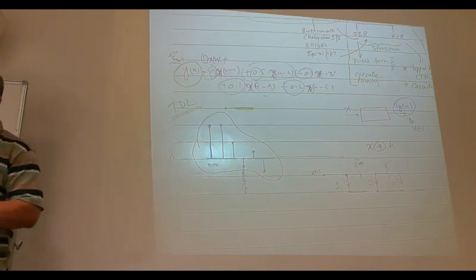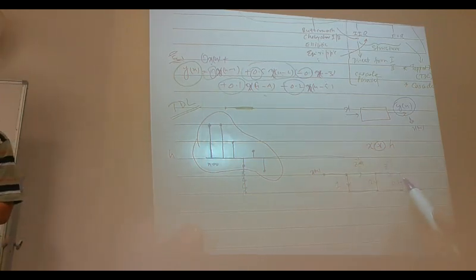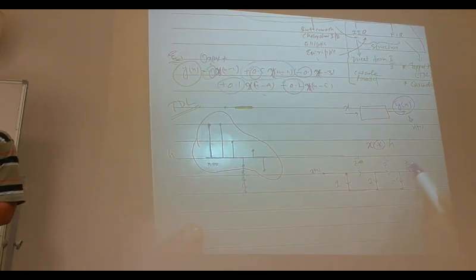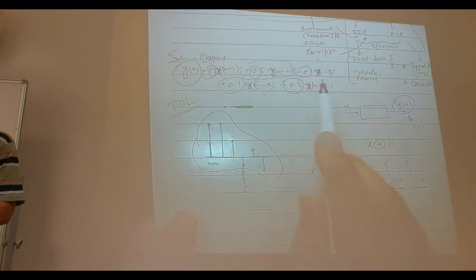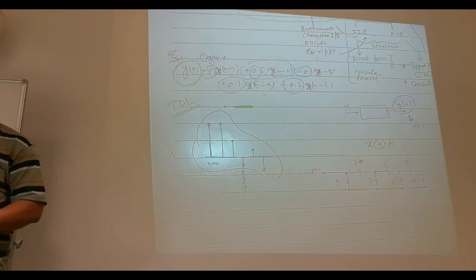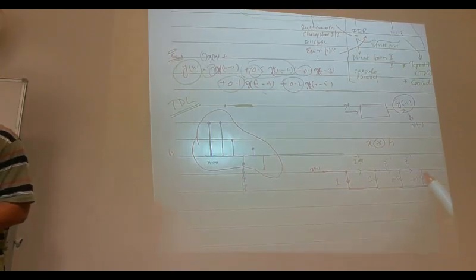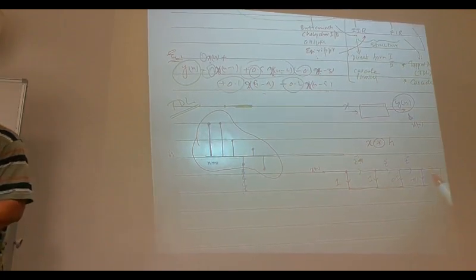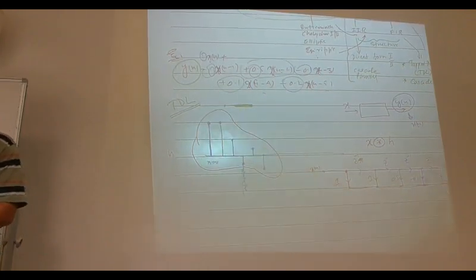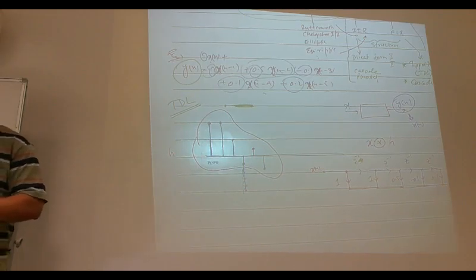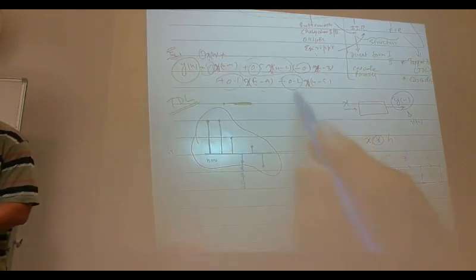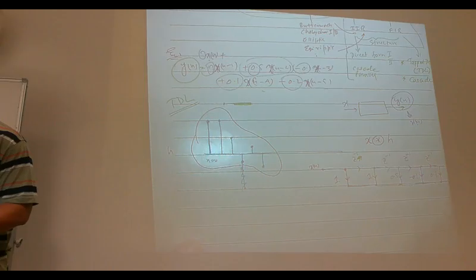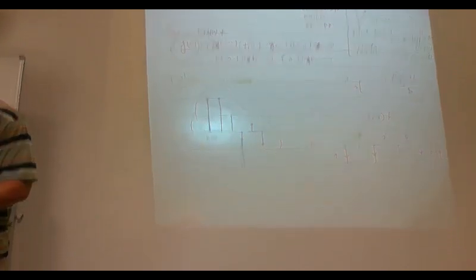Next, n minus 3, one more step, z to the minus 1, and the coefficient for n minus 3 is minus 0.1. Next one, let's bring the red color again, n minus 4, so z to the minus 1, plus 0.1, and the last one, z to the minus 1, minus 0.2.